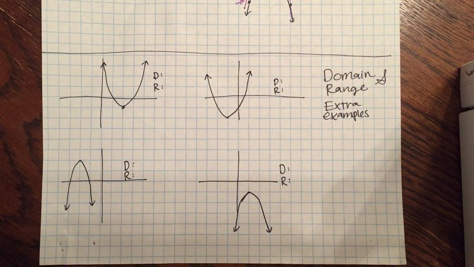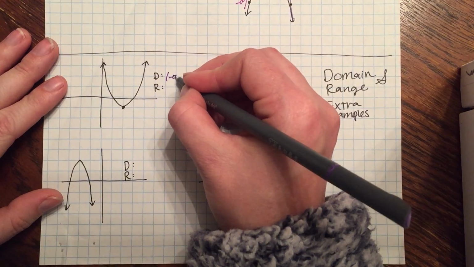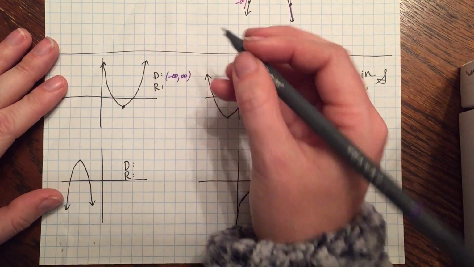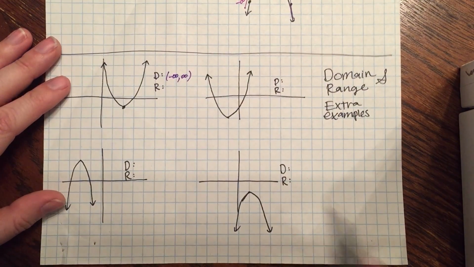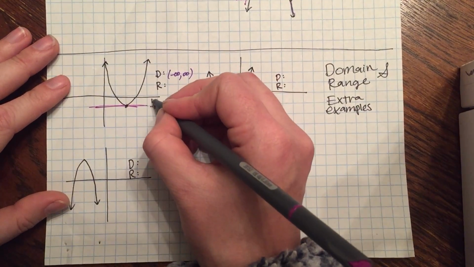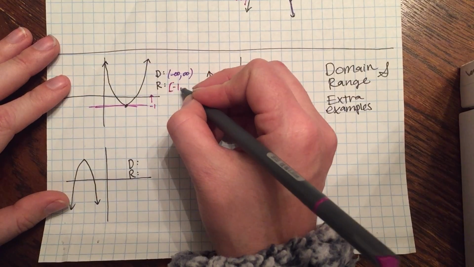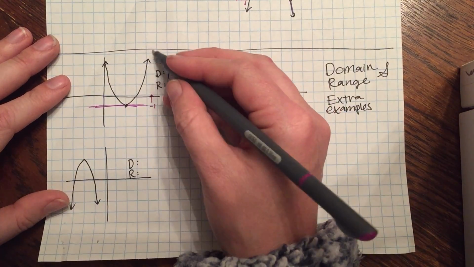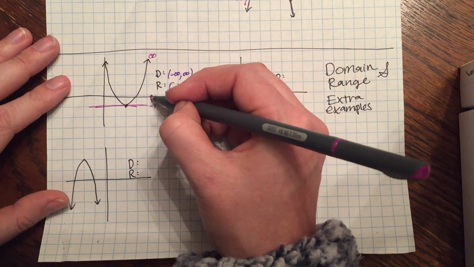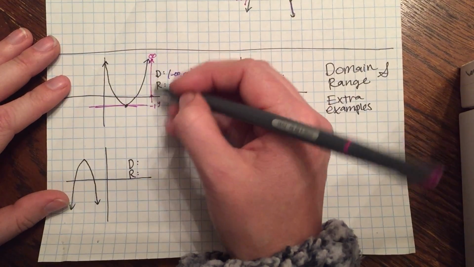Domain and range extra examples. Domain has the arrows, negative infinity to infinity. The range would be from -1 all the way to positive infinity, because it's going all the way up for the y values. Y values go up and down.